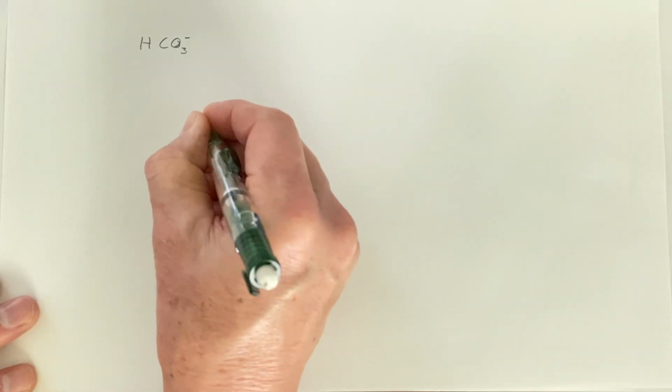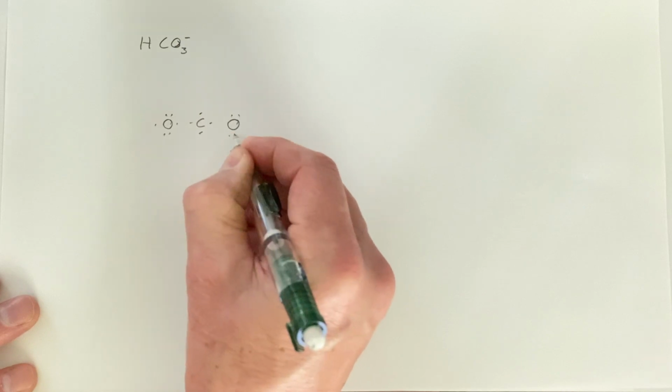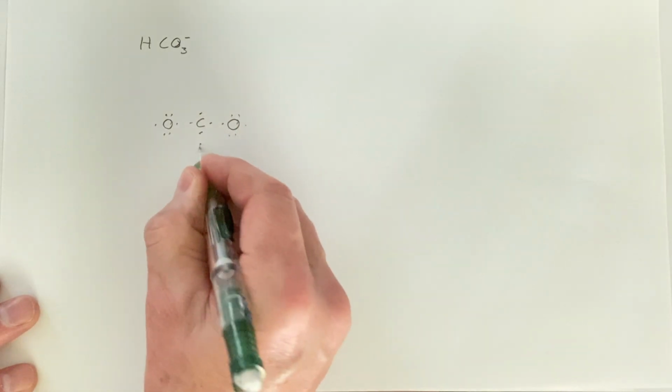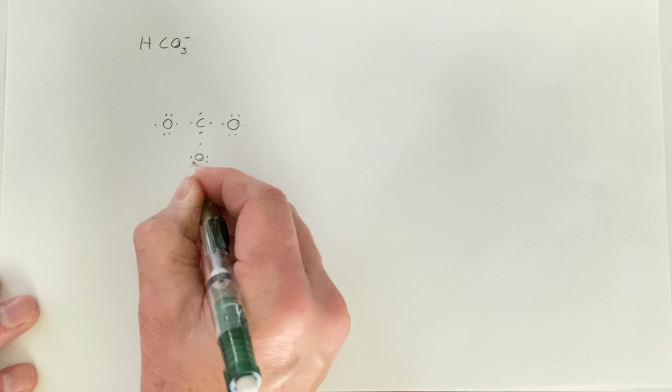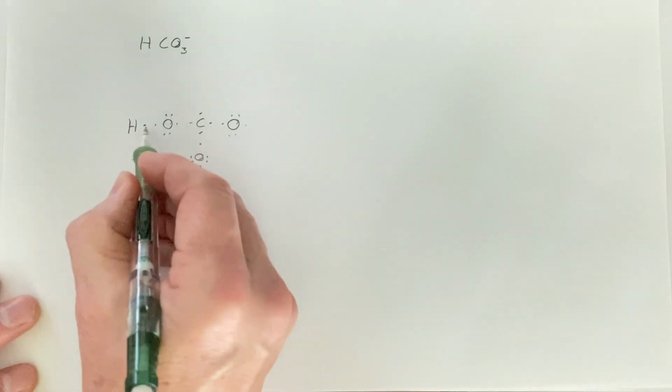So we shall say that we have our carbon atom with our 4 valence electrons. Again, we will bring in 3 oxygen atoms, and we will bring in a single hydrogen. We will make bonds.